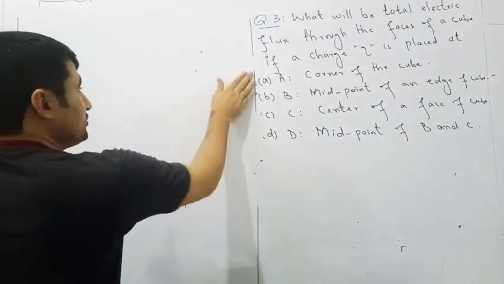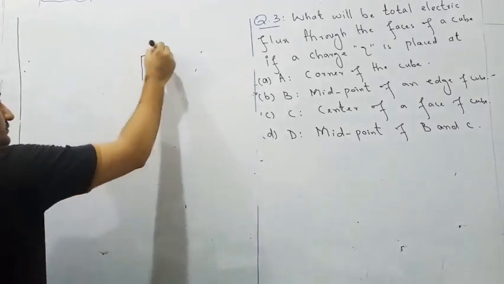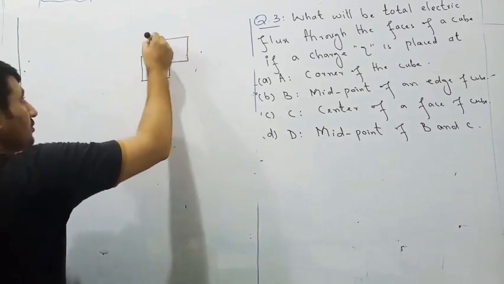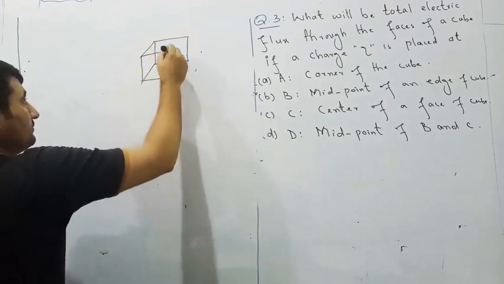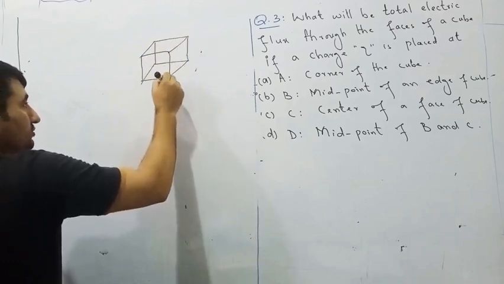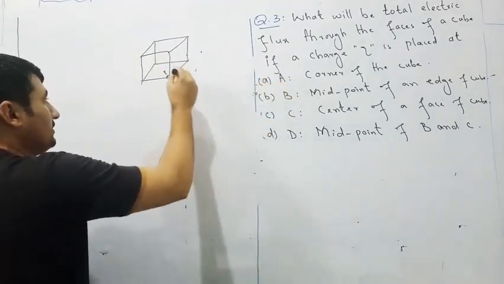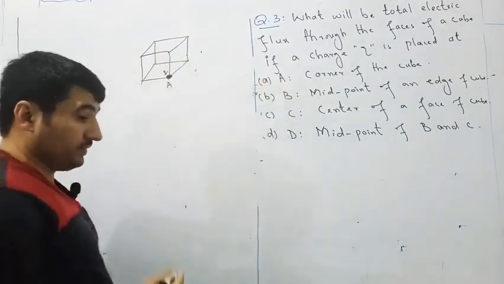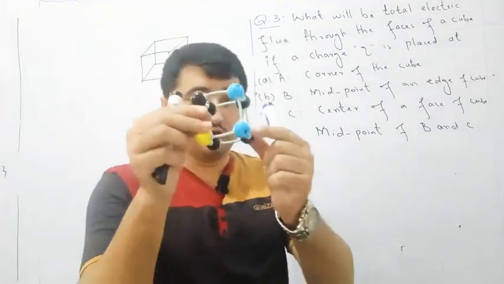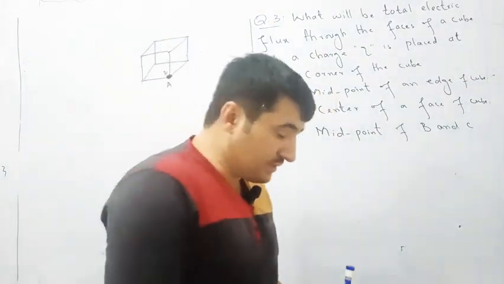So you have a charge Q at the corner of the cube. This is the corner, and here you have the charge Q. This is point A. यहाँ पे आपके पास चार्ज Q है. तो इलेक्ट्रिक फ्लक्स क्या होगा? Clear? So you have this cube, यहाँ पे आपके पास चार्ज है, तो total electric flux क्या होगा?